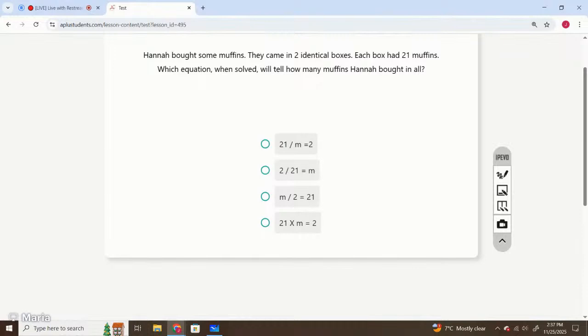Option number 1 is the correct option. Hannah bought some muffins. They came in 2 identical boxes. Each box has 21 muffins. Which equation, when solved, will tell how many muffins Hannah bought in all? Each box has 21, right? 2 identical boxes.